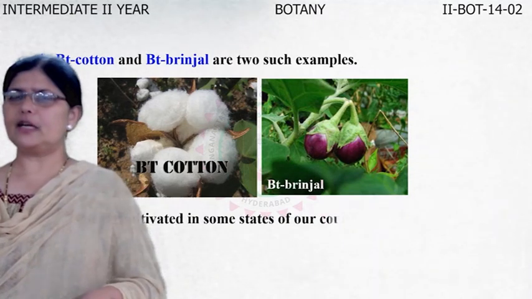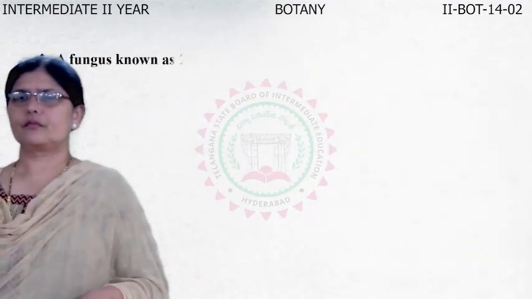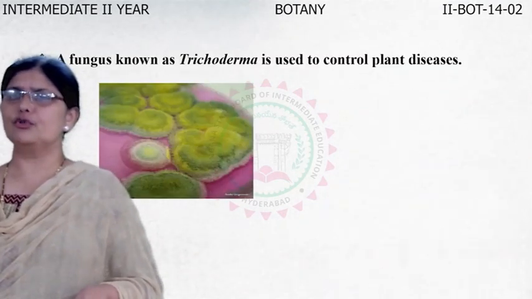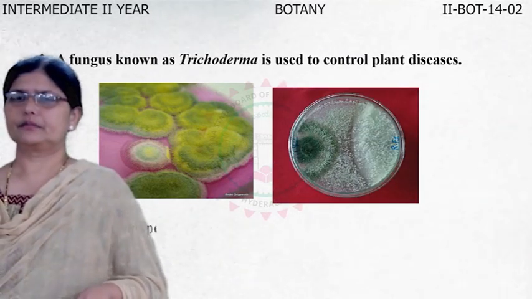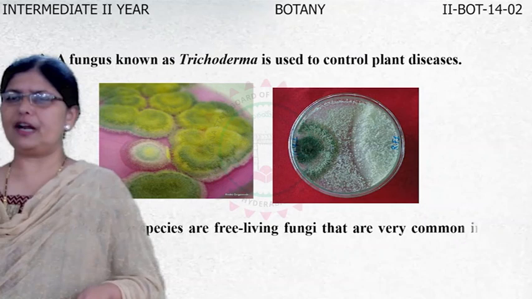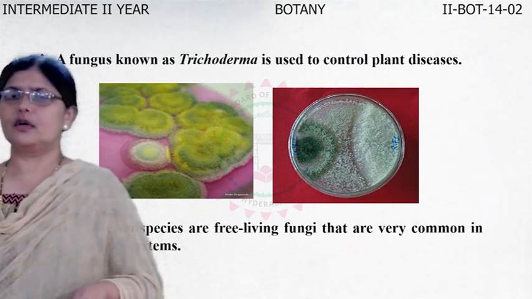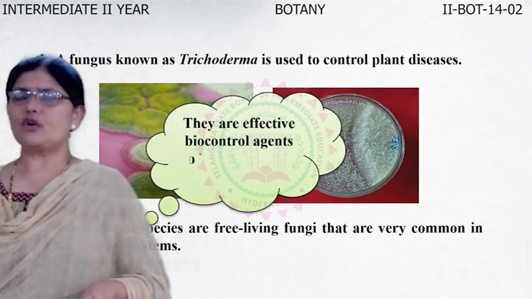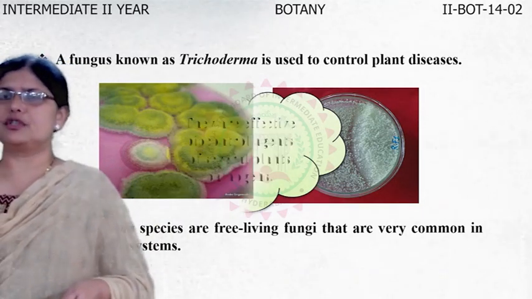It is being cultivated in some states of our country too. A fungus by name Trichoderma is also used to control plant diseases. Trichoderma species are free-living fungi which are very common in the ecosystems, especially root ecosystems. Trichoderma are effective biocontrol agents for several plant pathogens.